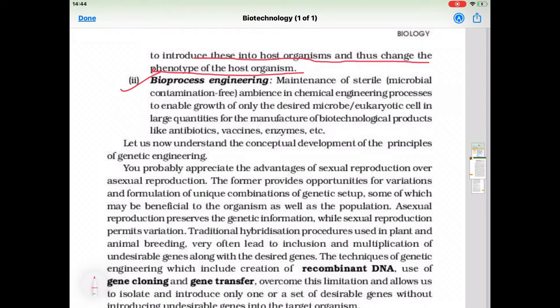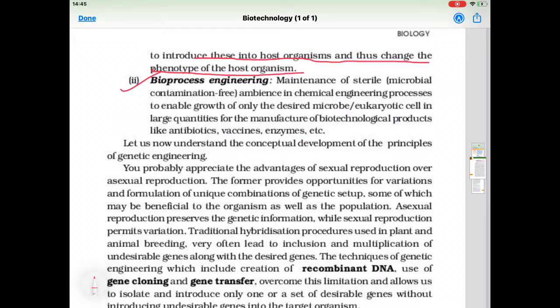First, bringing some change in the DNA or RNA, then transferring that DNA or RNA into the host organism, and then bringing some physical, phenotypic change, which can be seen from the outside, in the host organism. So when some bioengineering occurs, that is entered inside the host body through the vector, and then some phenotypic change or character change appears in the host organism.